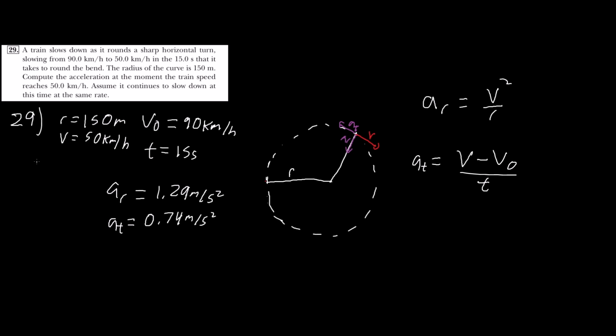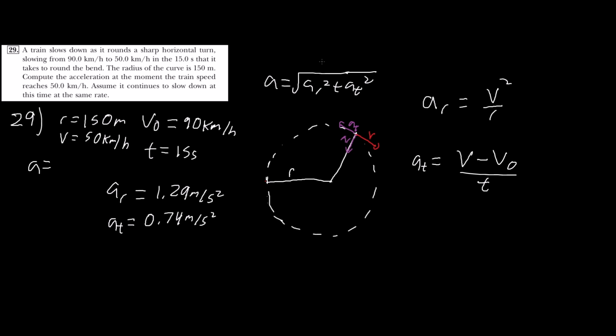Now let's compute the final acceleration. I'm going to use the Pythagorean theorem, folks, because remember that this is going to be A radial squared plus A tangential squared. So the magnitude of the acceleration is going to be the square root of A radial squared plus A tangential squared. I'm just going to plug and chug these values.